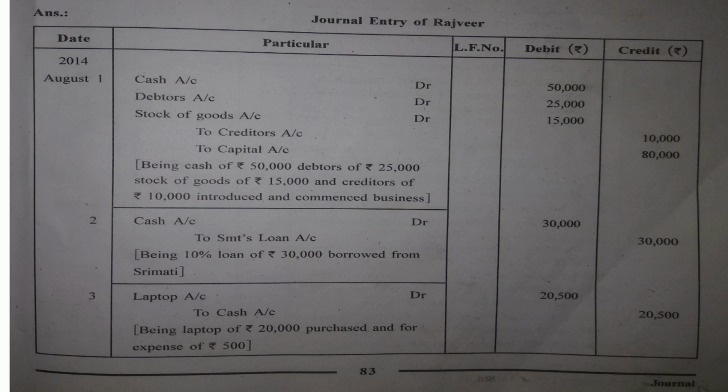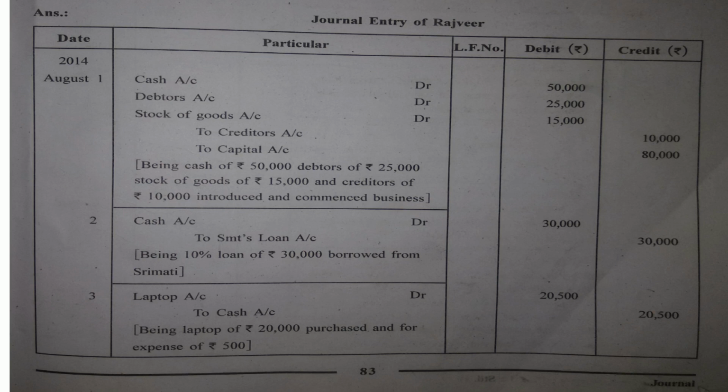On page number 83, the solution to this illustration is given, of which the first journal entry says cash account debit 50,000 because cash comes in the business. Debit what comes in, real account. Receivables, as I said, can also be considered as debtors. Debtors account debit 25,000.